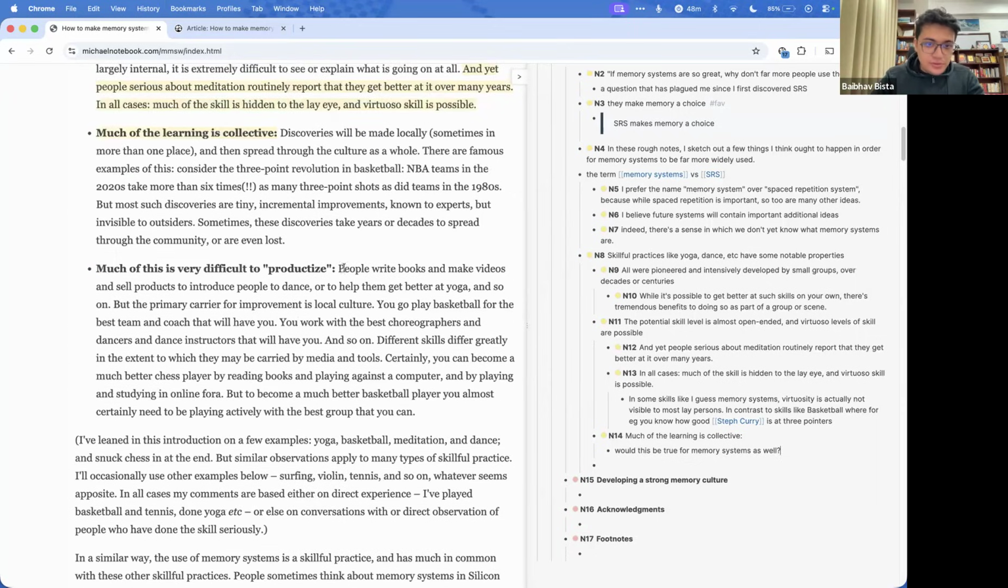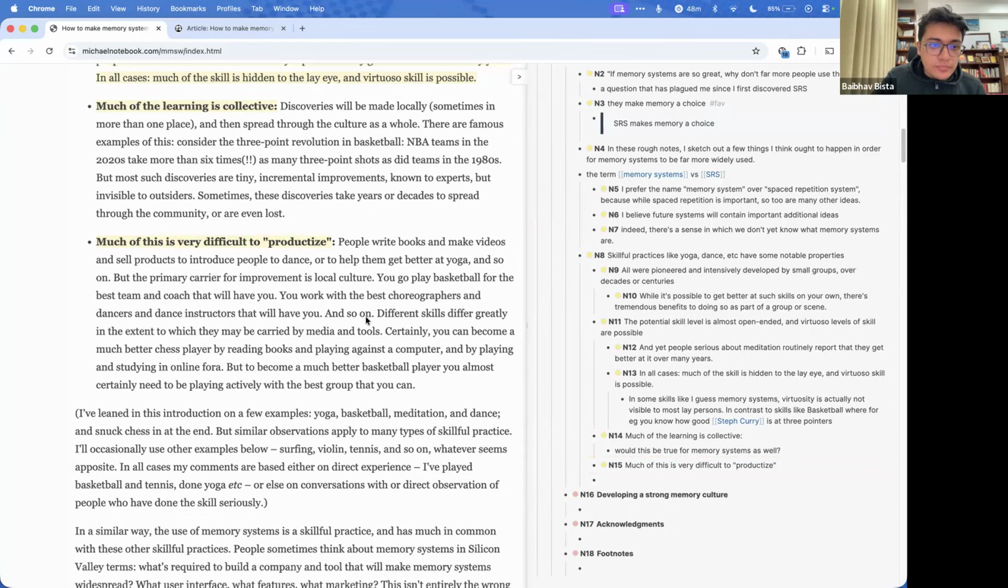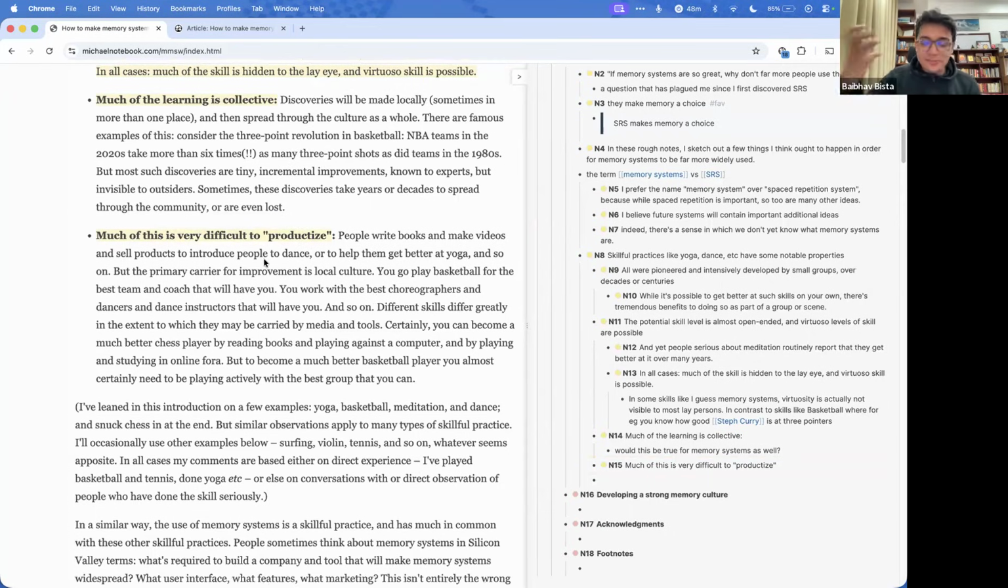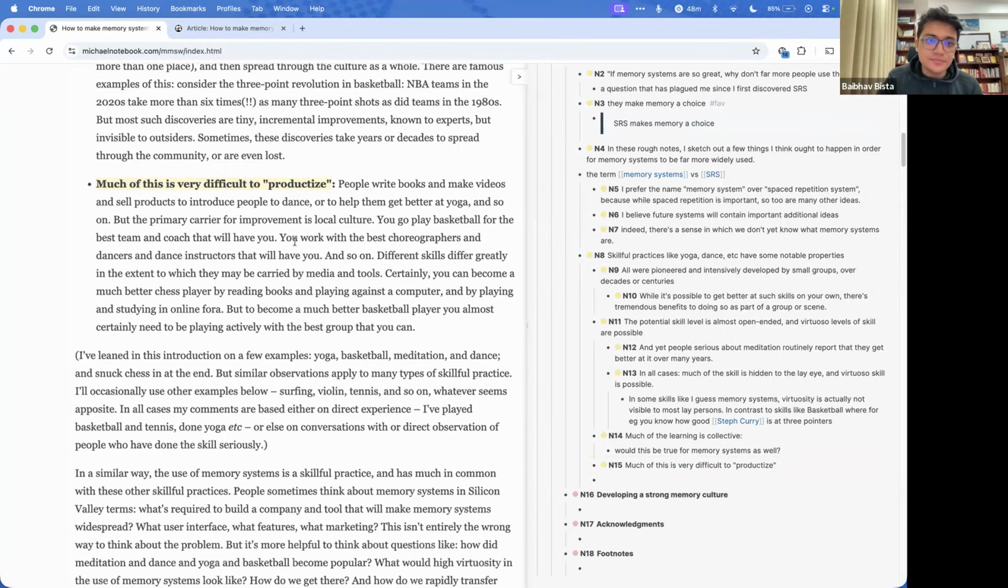Much of this is very difficult to productize. Maybe Anki feels like a good beginner product, and most people use it. People really love it. We can definitely do better, but it feels like a good selling point, if you will. But I feel his argument is more about teaching people to have virtuous skill. Could there be a product for that? And he's talking about these two things.